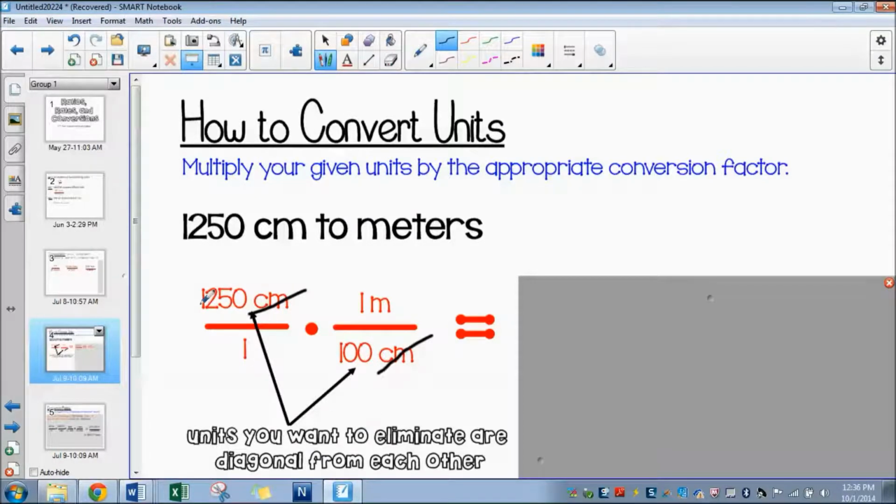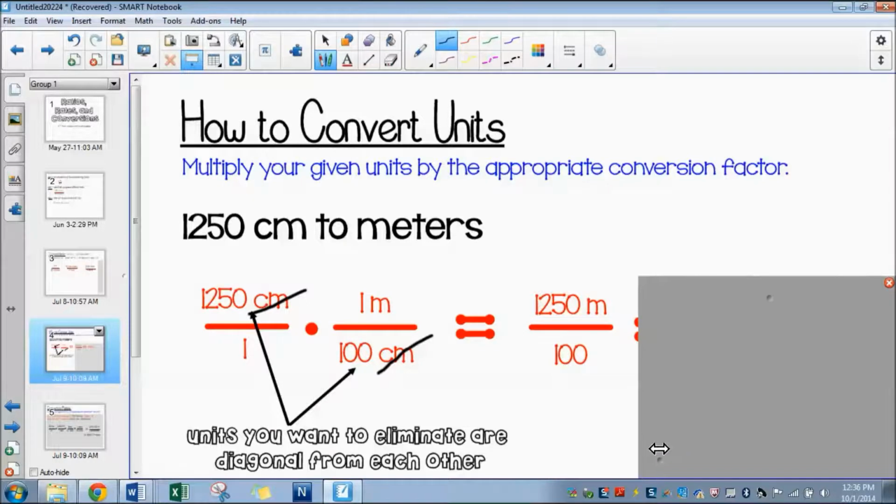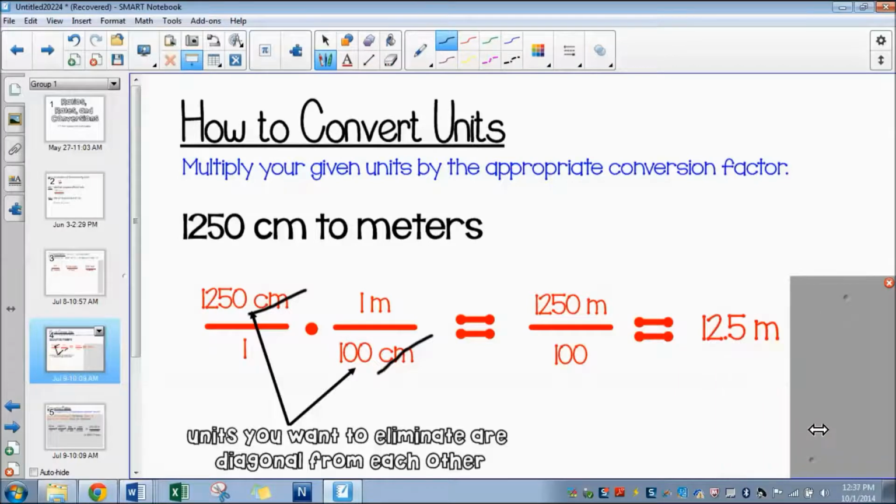So what I have left is 1,250 times 1 meter, so that's 1,250 meters, over 1 times 100 is 100. Notice there's not a unit on bottom because that unit canceled out. I could also cancel out, like what you're used to with multiplying, I could have canceled both of those out by 10s or even by 50s. So 1,250 meters over 100, you divide that out and you get 12.5 meters.